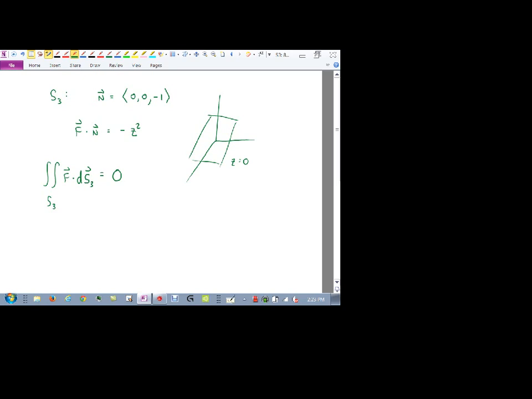All right, S4 is the one that's going to take a little bit of doing. On S4, we're just talking about this part. We can look at z as a function of x and y. What is that function? Square root of 1 minus y squared. Even though x does not appear in there, you could say that's a function of x and y.